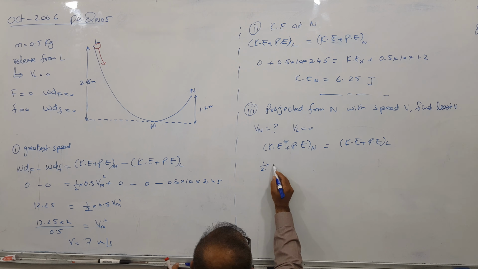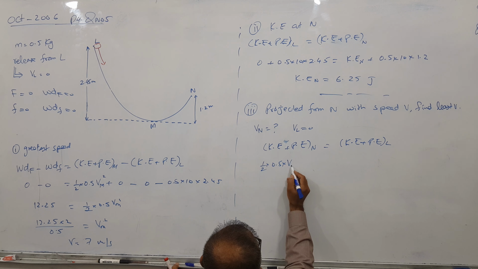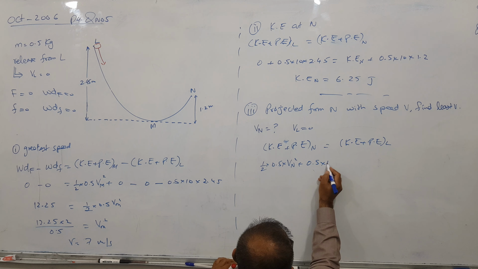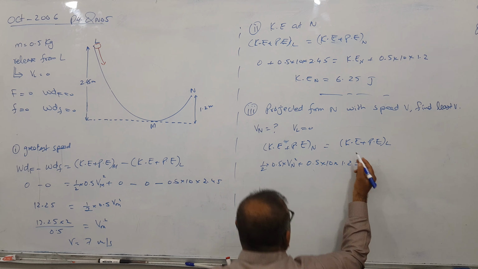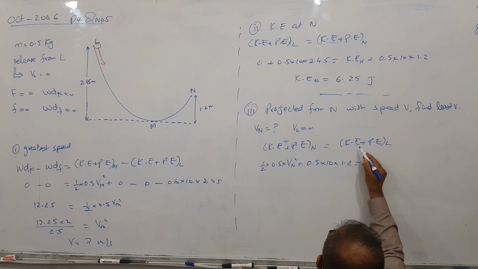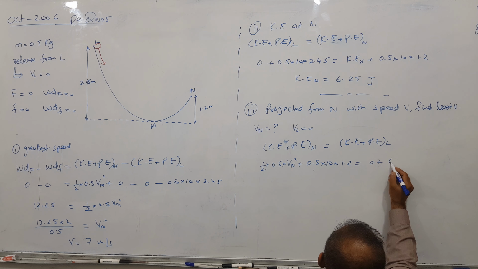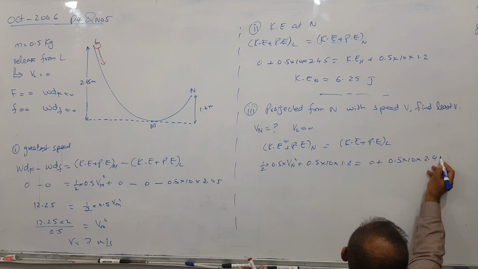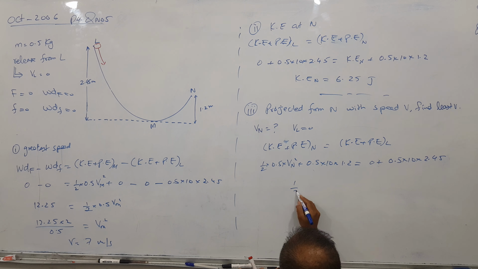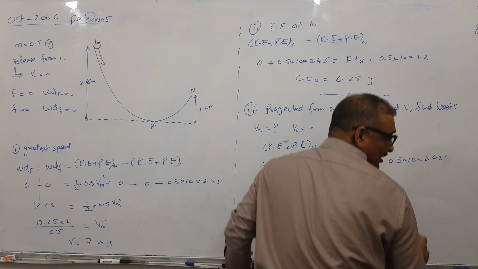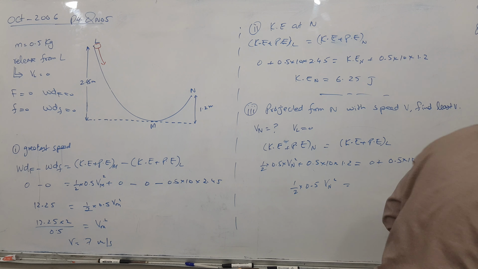So half mv square, vn square. What is the height? We know it, mgh is 1.2. What is this one? Because my plan is to reach 0 at the top, this is 0. And height mgh is 2.45, and this is half into 0.5 Vn square.